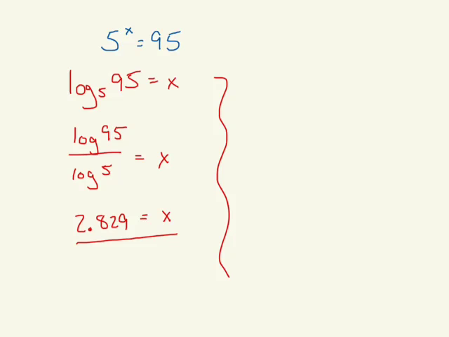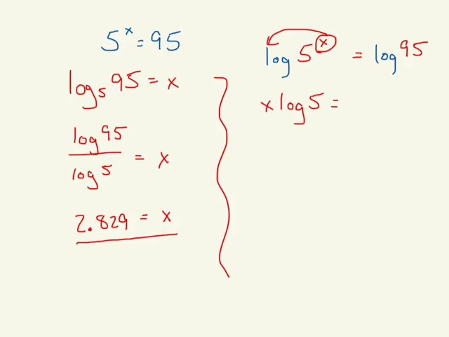We could take 5 to the x and 95, and we could simply take the log of both sides. What that will then allow us to do is take this x exponent, drop it down in front, and we'll get x log of 5 equals log of 95.